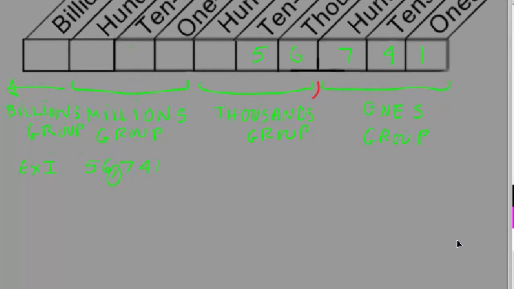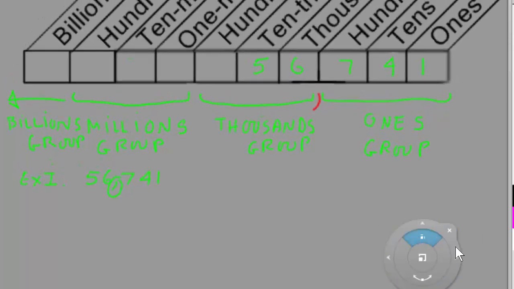So let's place this second comma, which will be between the millions and the 100,000s. So therefore the 3 is going to be to the left and the 4 is going to be to the right. Now we're ready to read it. 3 million. That first comma is read as million. 456,741.